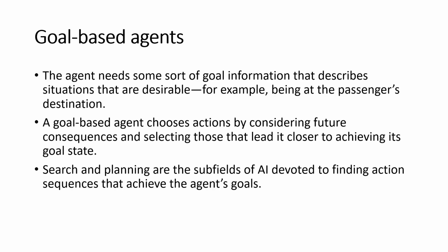The goal-based agent chooses actions by considering future consequences and selecting those that lead closer to achieving its goal state. So search and planning are the subfields of AI devoted to finding action sequences that achieve the agent's goals. So that means in a goal-based agent, we will consider all possible solutions and we will choose the better action that leads closer to achieving the goal state.